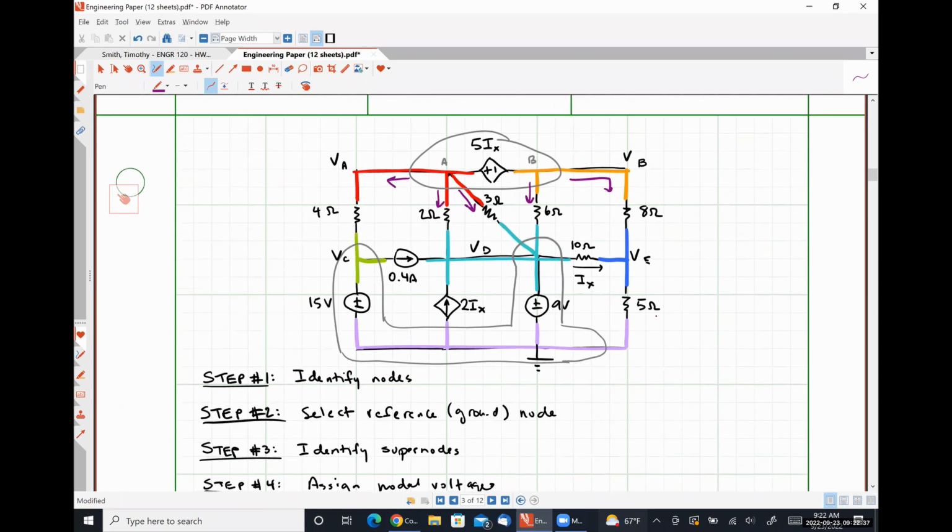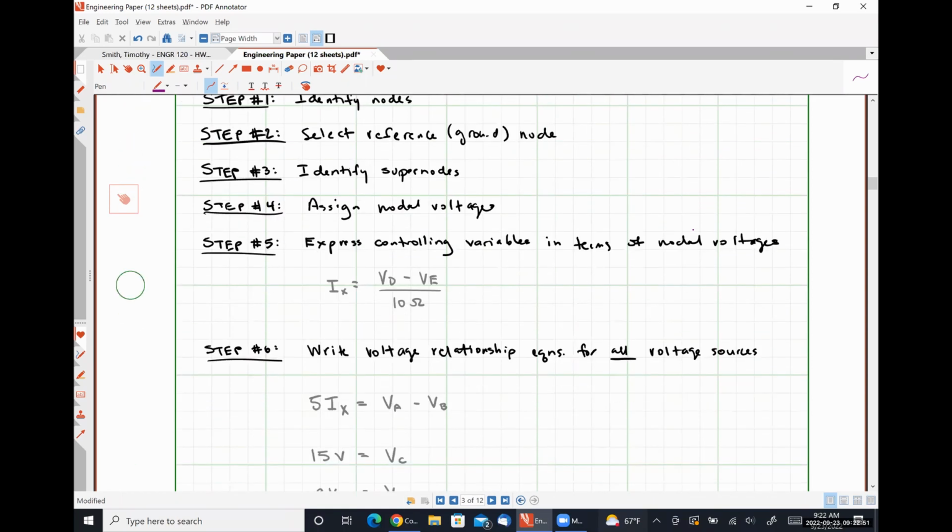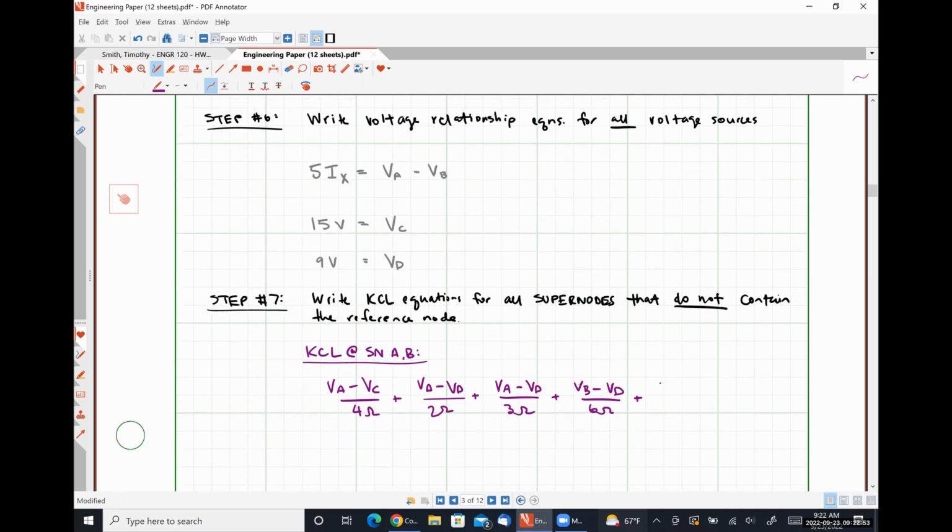Now we're looking for the current flowing to the right through the 8 ohm resistor. Daniel, tell me what's up with that one. Exactly correct. VB minus VE over 8 ohms, equal to 0.